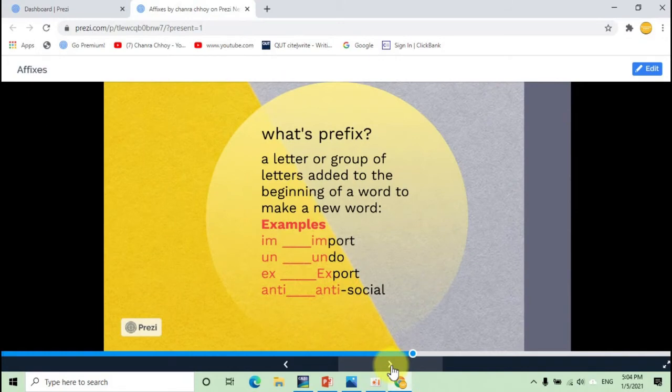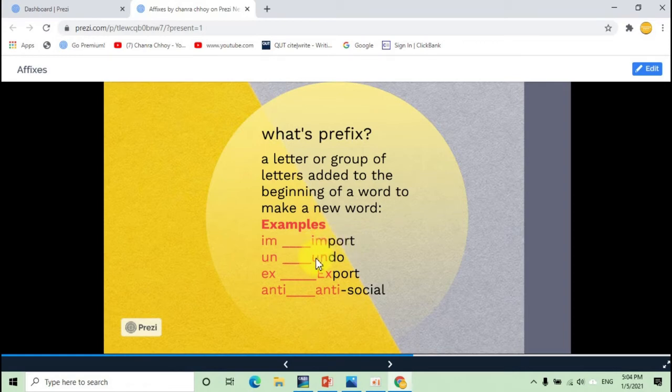So 4.1. What is a prefix? A prefix is a letter or group of letters added to the beginning of a word to make a new word. Like im, un, ex, and anti. We add them to the beginning of a word. When we add im to port, it becomes import, which means to carry in.